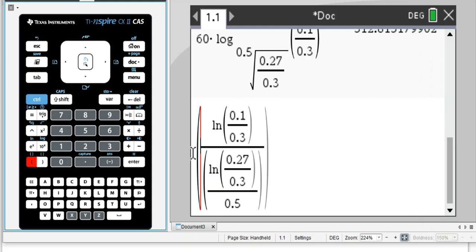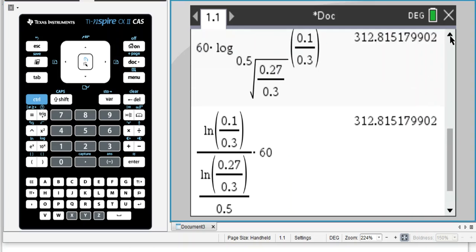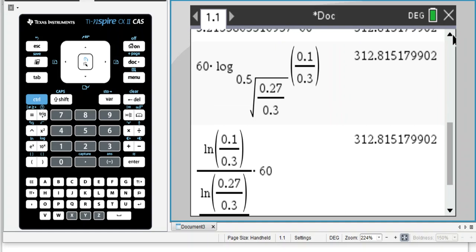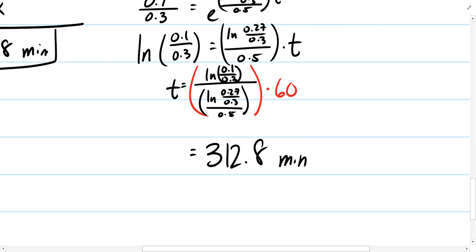This will group the entire fraction so that when we move to the far right-hand side, I can multiply this by 60 in order to convert our hour computation in the middle to minutes. And when I press Control-Enter, well, wouldn't you know it, we get the same answer as before, 312.8 minutes.